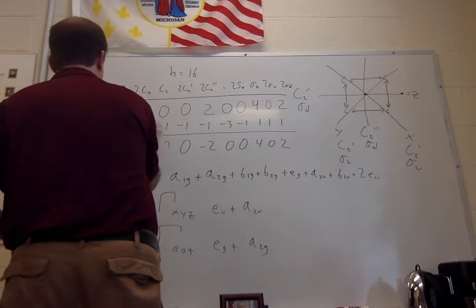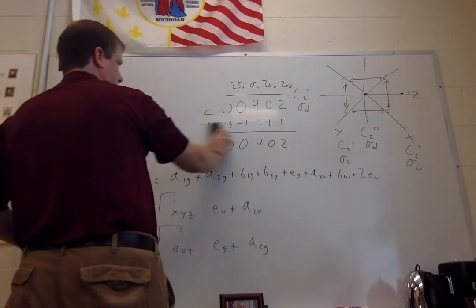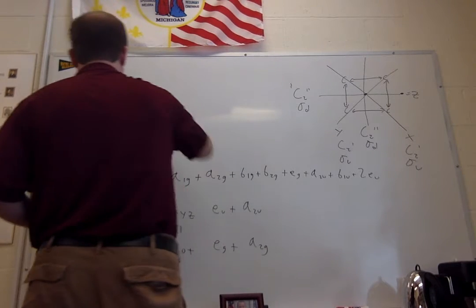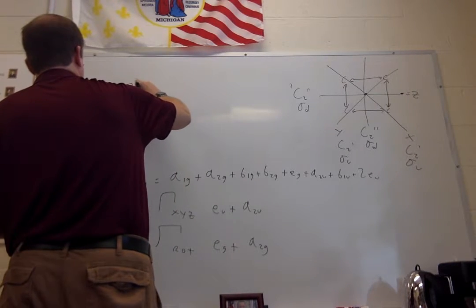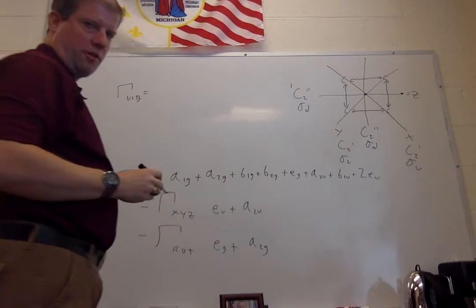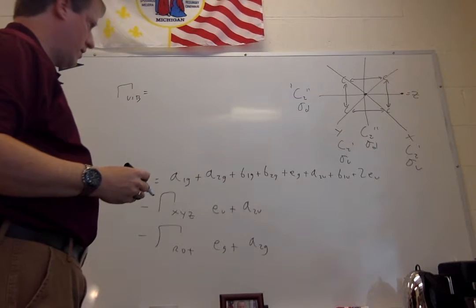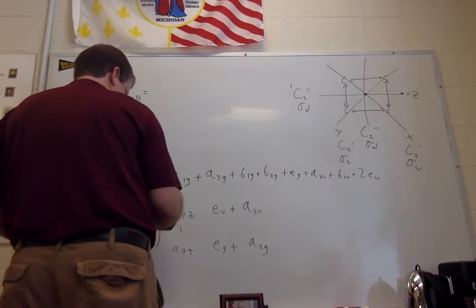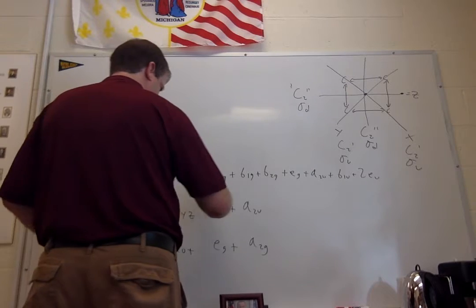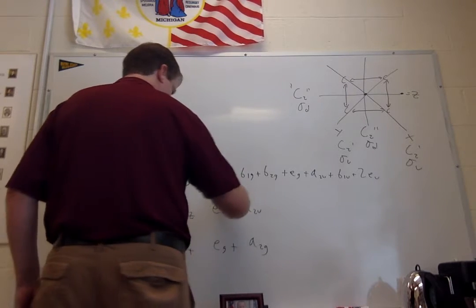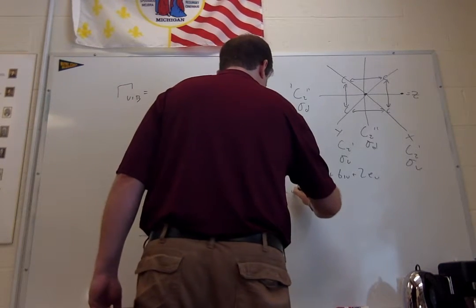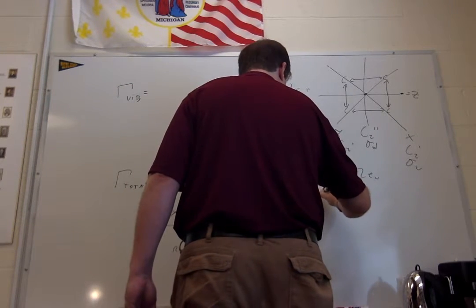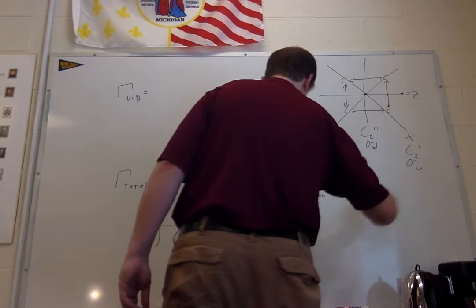And if I do that, what I'm left with is gamma vibrational. So from this one, I'm going to subtract A2G. I'm going to subtract EG. I'm going to subtract A2U, and I'm going to subtract one of the 2 EUs.